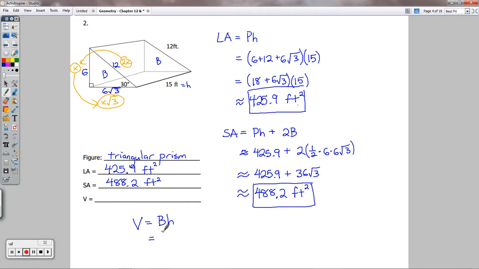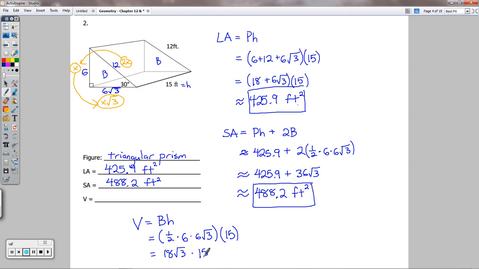So the area of the base, that's the 1/2 base times height for the triangle, 1/2 little b times the height. So you've got 1/2 times 6 radical 3. That is your b. And your h is going to be the part that connects the bases, 15. So we've got 36 here times 1/2. That'd be 18 times the square root of 3.